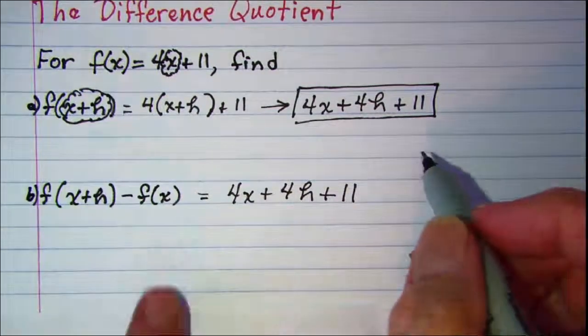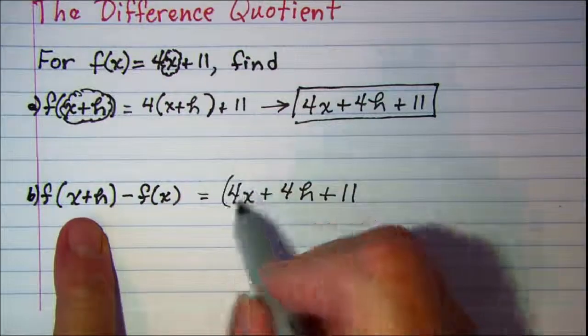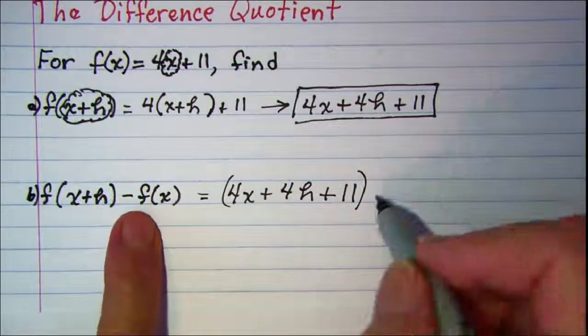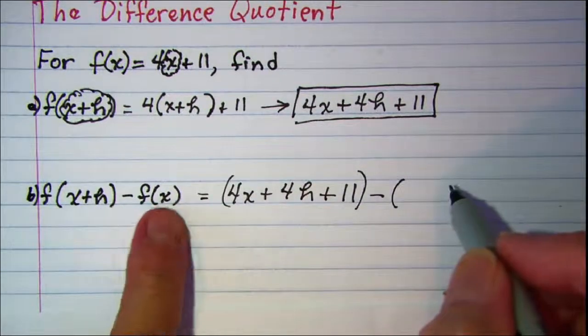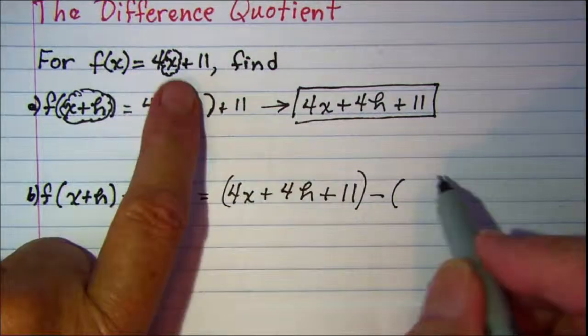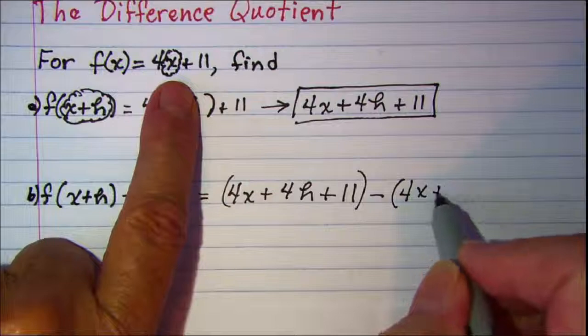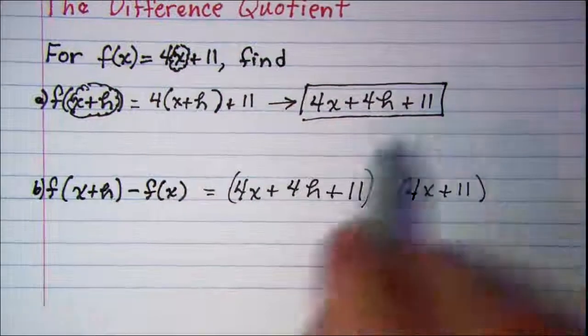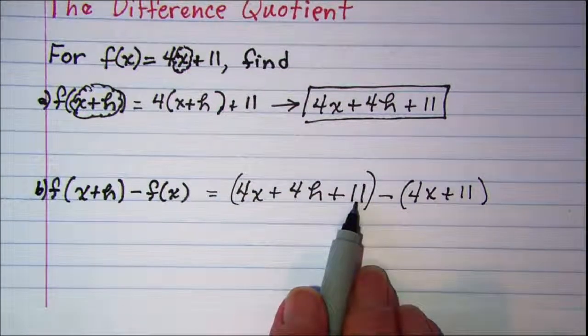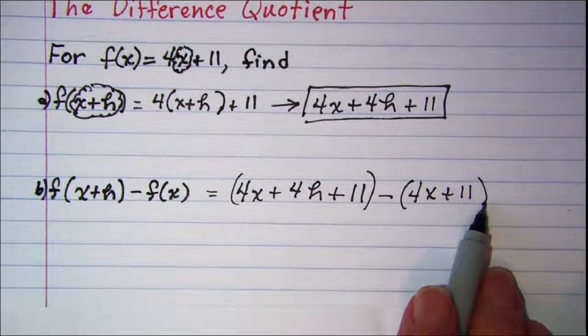And from that expression, we're going to subtract f of x, which is 4x plus 11. So here is f of x plus h. Here is f of x.